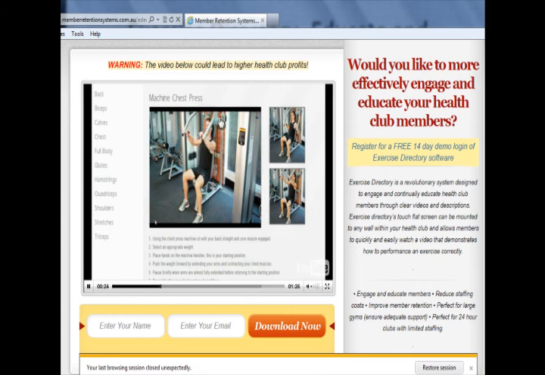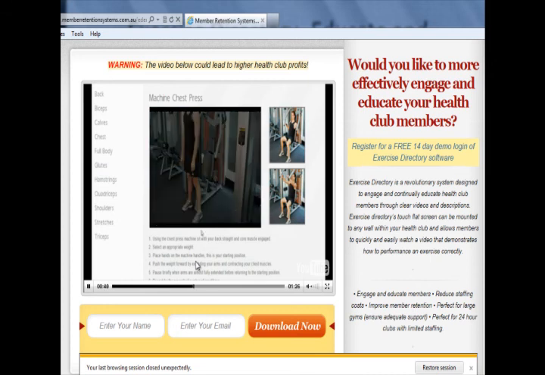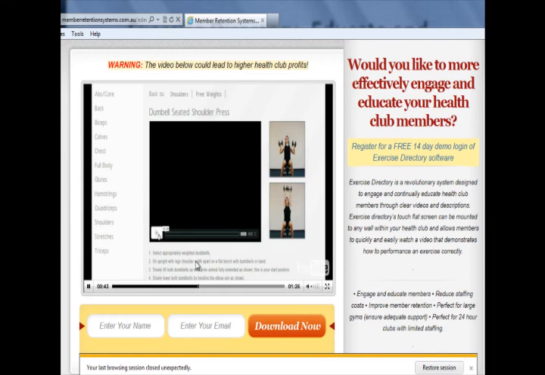There's videos, there's pictures of how to do the exercise, and there's also a description. So it's a full educational package for members, and this can be mounted as a touchscreen unit to any wall within your health club. So it becomes a powerful resource to support and engage members.